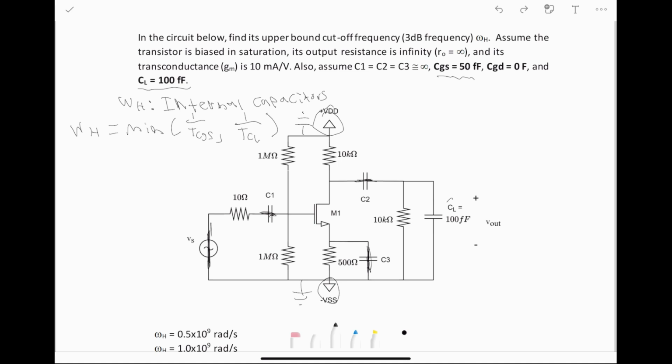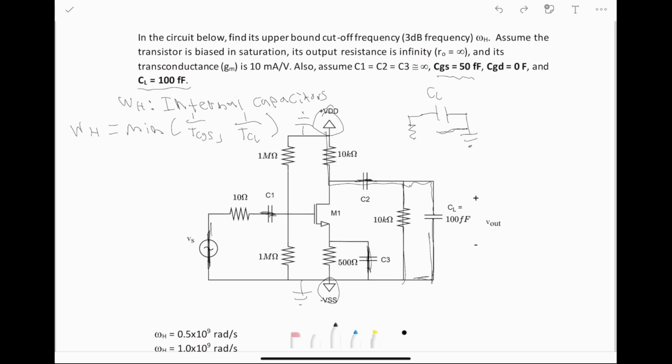To start with CL, we can see that on one lead, it goes straight to ground. So if we draw CL, one of these just goes to ground. And then the other lead sees a 10 kilo ohm resistor to ground and another 10 kilo ohm resistor to ground. Both of those are in parallel.